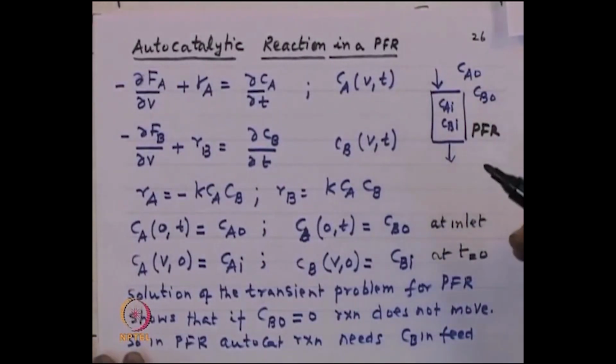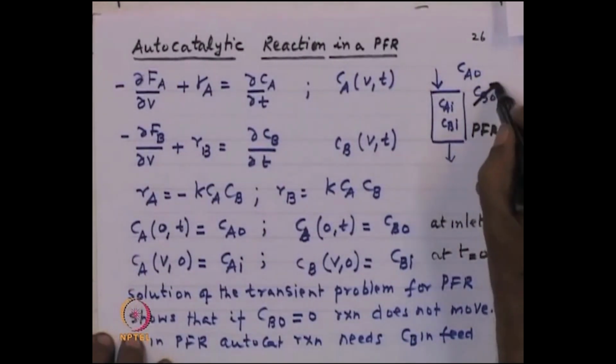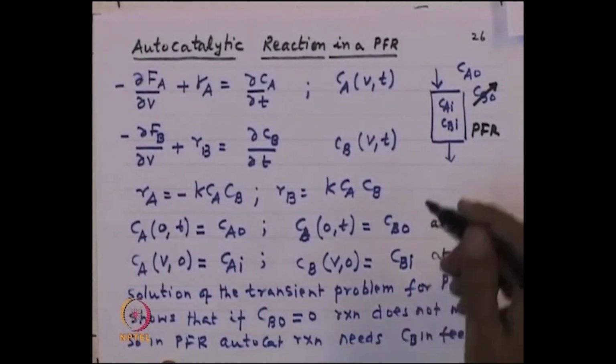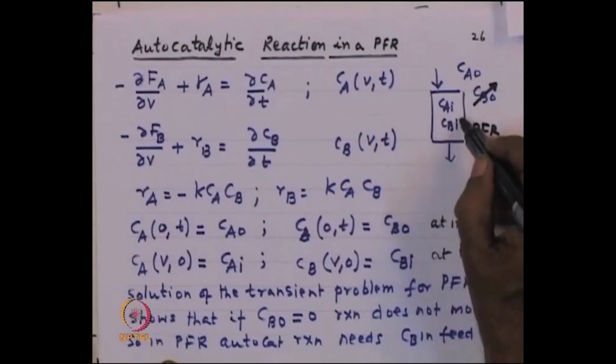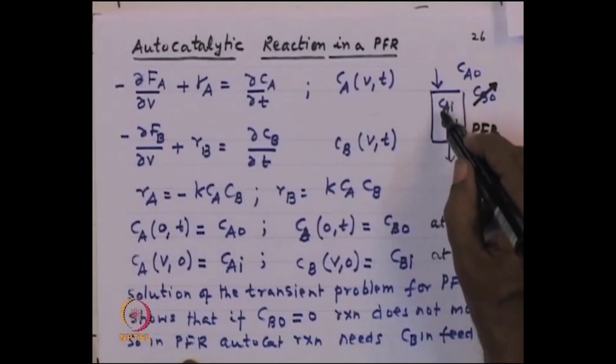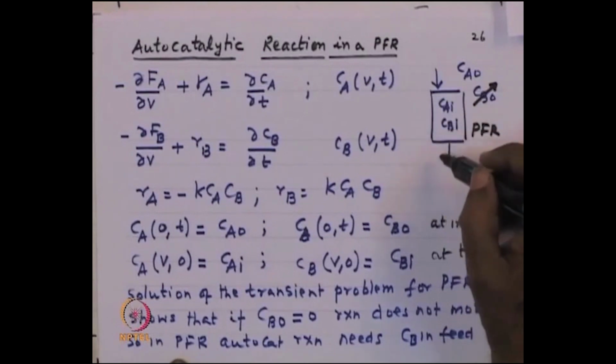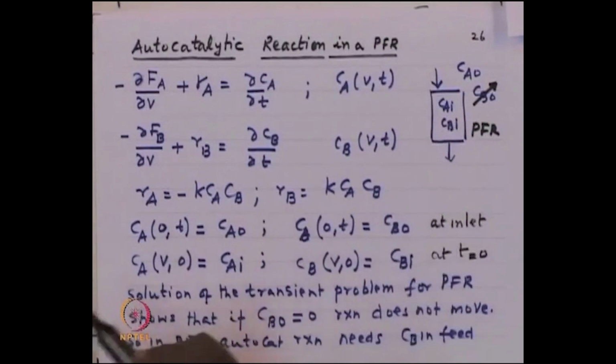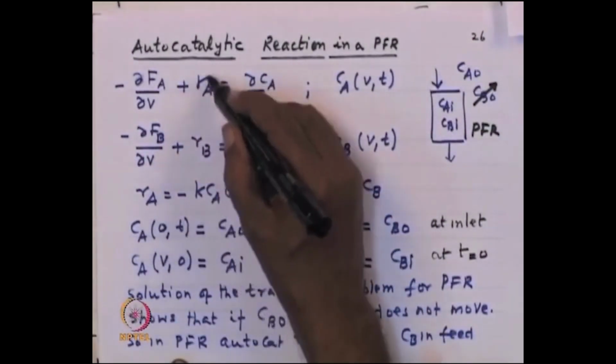What I am trying to say is that if CB0 is 0, the reaction will proceed as long as there is some CBI, but this CBI will get knocked out after some time, and the moment CBI gets knocked out, there is no further CB inside the process, and therefore this rate function term will always be 0.